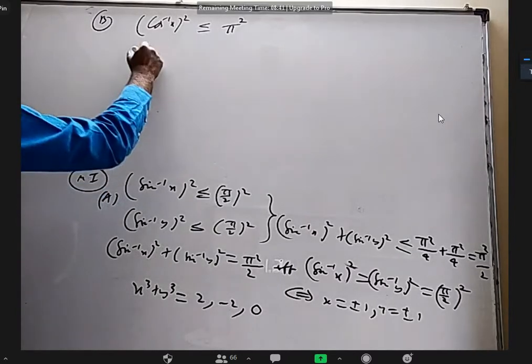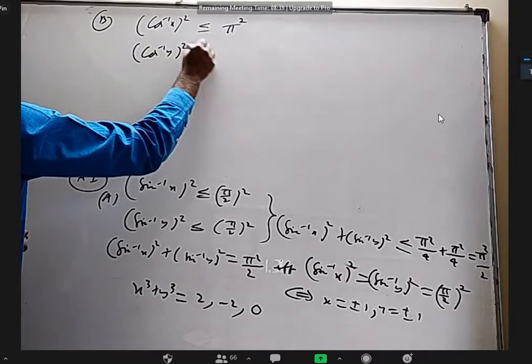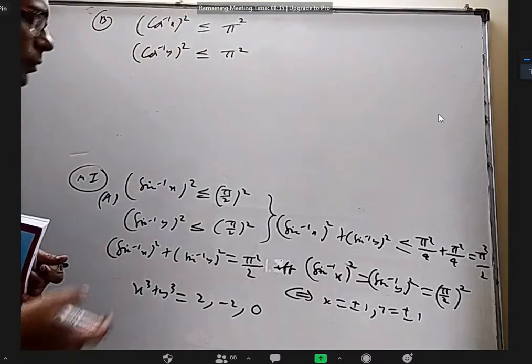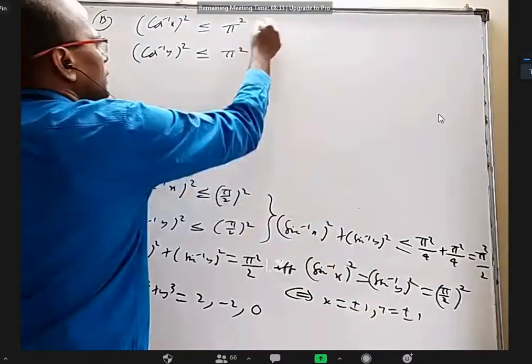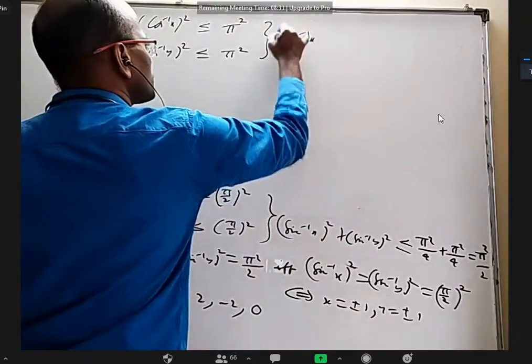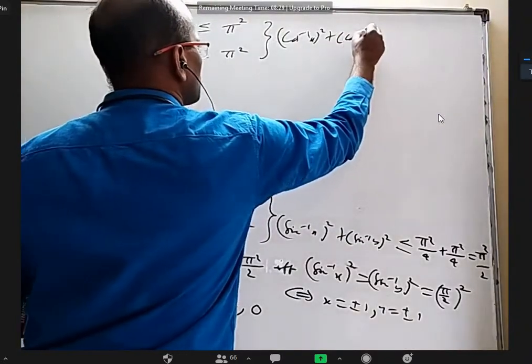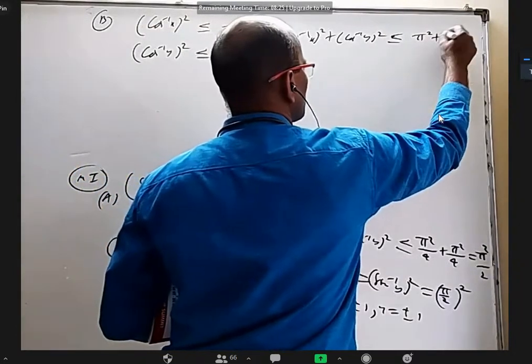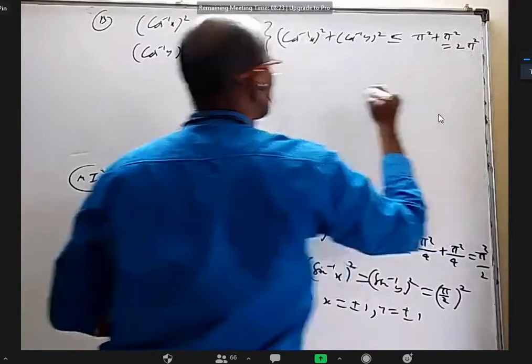Cos inverse y also the same thing. So cos inverse y whole square is also pi square. It cannot be minus pi square. Basically, cos inverse x cannot be minus pi. So when you add them, we get cos inverse x whole square plus cos inverse y whole square is less than or equal to pi square plus pi square, which is 2 pi square.